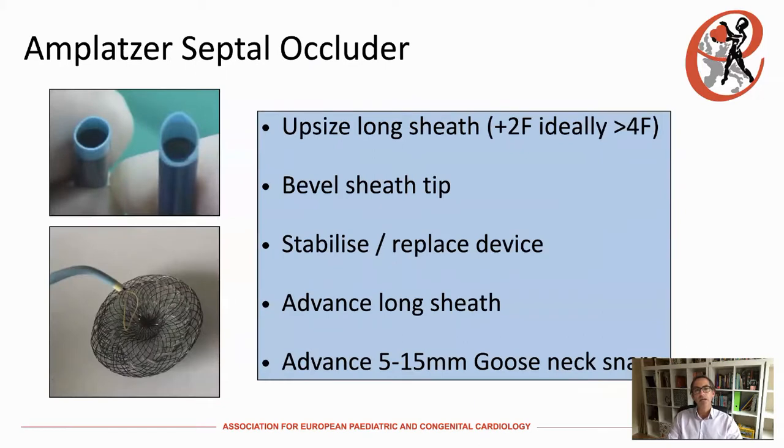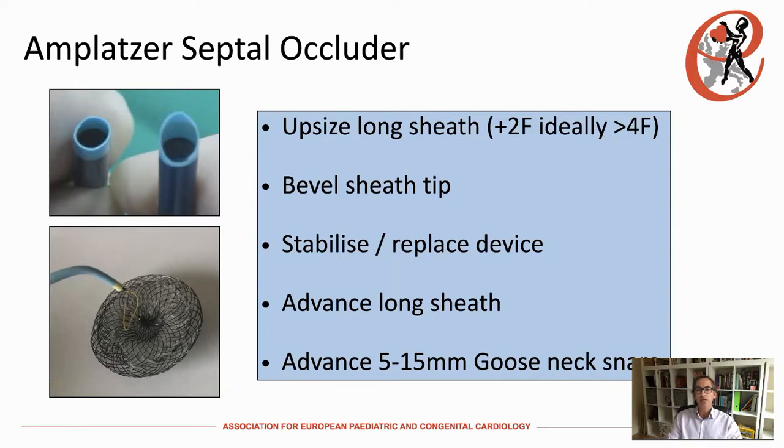When dealing with an embolized Amplatzer, the first step, again, is to upsize the long sheath, 2 French or ideally 4 or more. Beveling the sheath tip, as shown in the top picture, is not required systematically, but can be very useful when trying to retrieve larger devices which have a larger micro screw. And this is the time to think about doing this, and I will show this in more detail in the next slides.